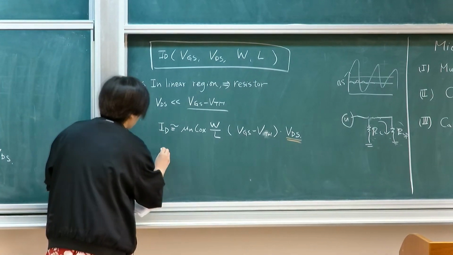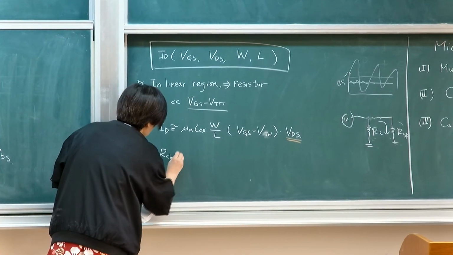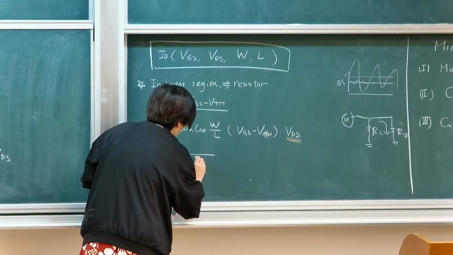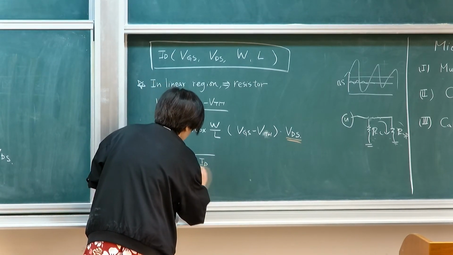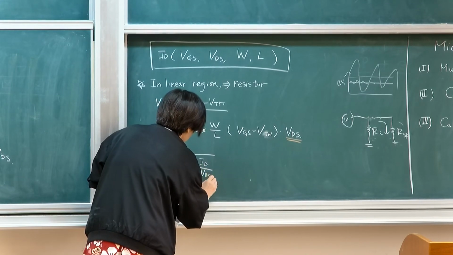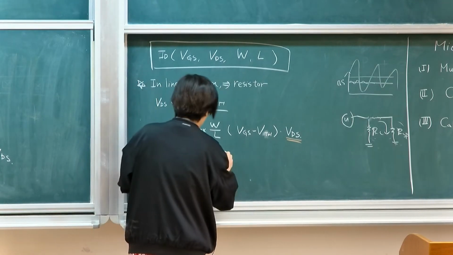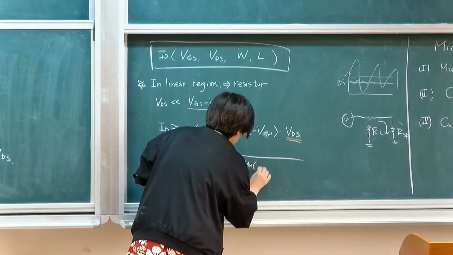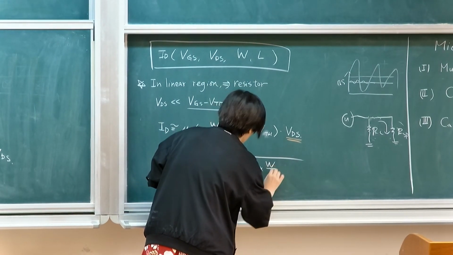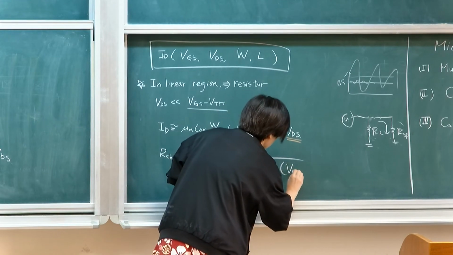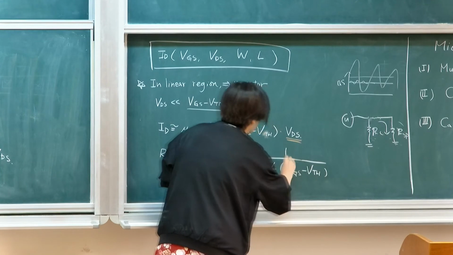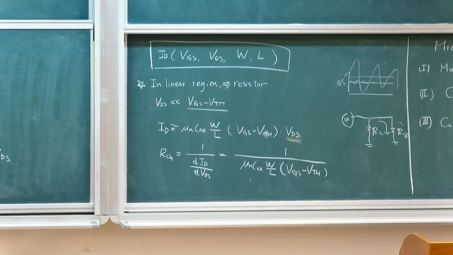We could define something called the channel resistance, which is the inverse of ID over VDS. And this will simply be 1 over mu n Cx W over L (VGS minus VTH). So this implies that it can be a voltage control resistor.